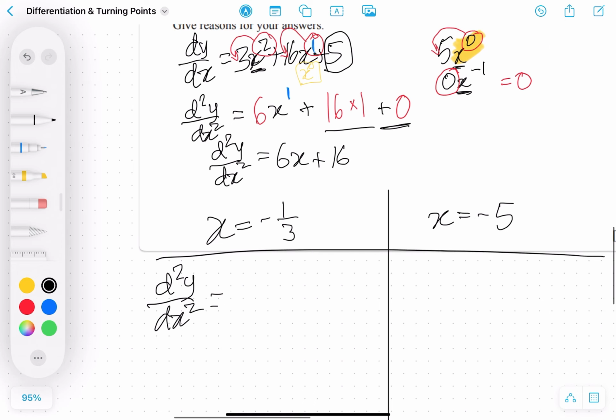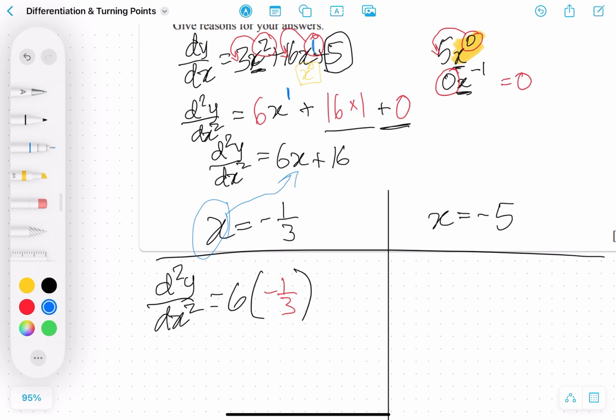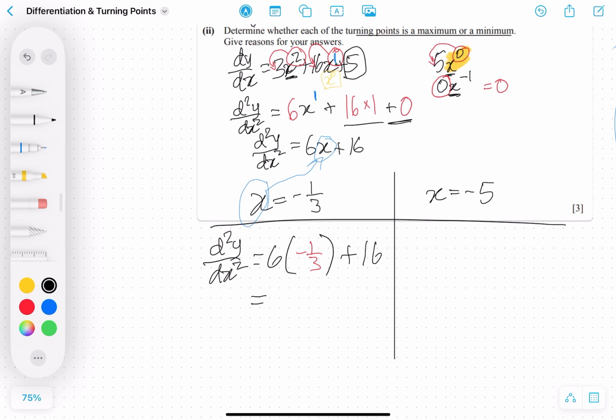So therefore, when x is -1/3, the first turning point, we substitute this x value into 6x plus 16 for d2y by dx squared, and we see that it is -2 plus 14, plus 16, which is equal to 14.